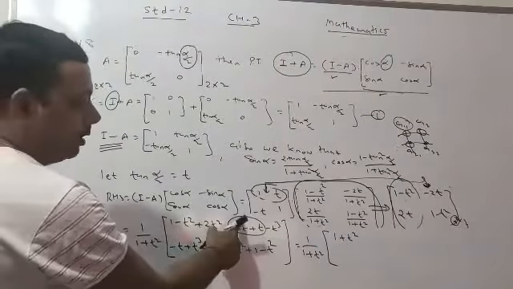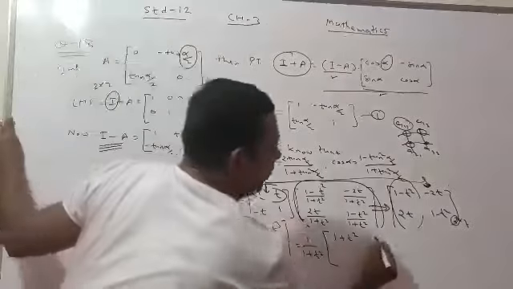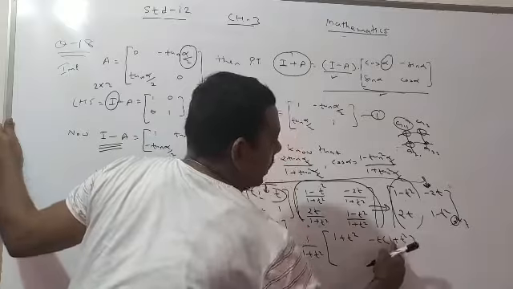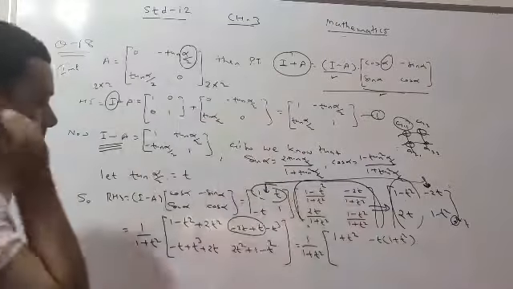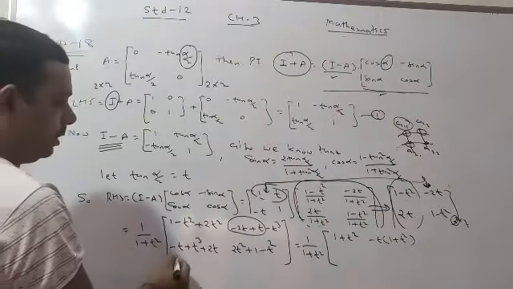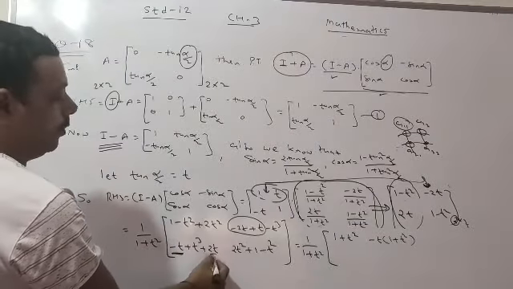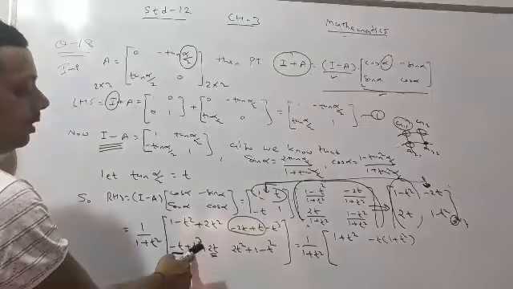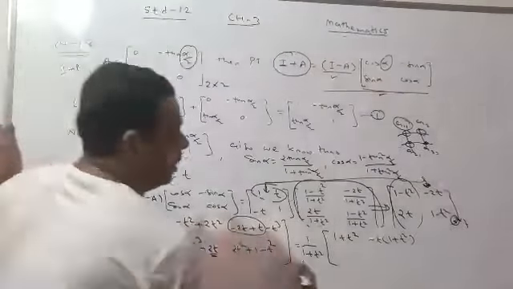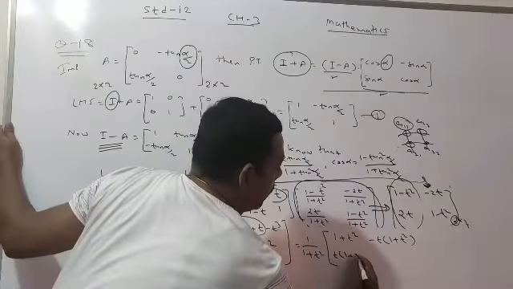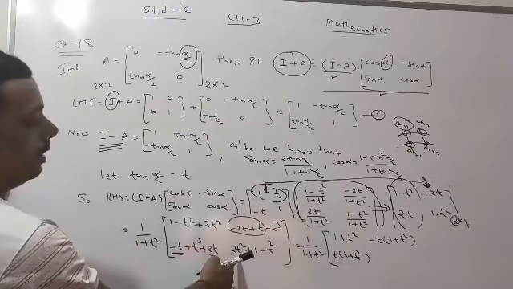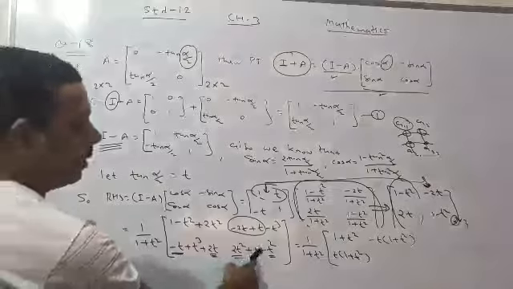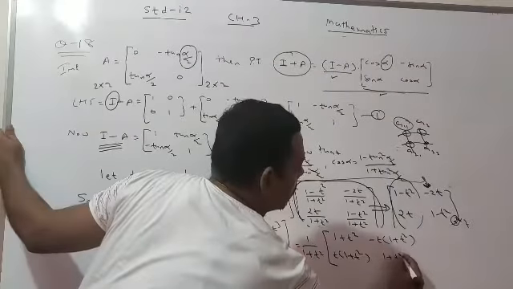So minus t minus t cube. We will take minus t common, then 1 plus t square. Same way here, minus t, positive 2t. So positive t is left along with t cube. So t cube plus t. We will take t common, 1 plus t square. And here 2t square minus t square. So only left is t square plus 1. So 1 plus t square.